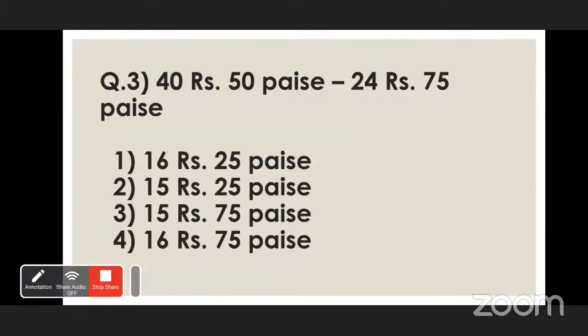Okay. Now the question number 3. Read this one. 40 rupees 50 paise minus 24 rupees 75 paise. Okay, now do the subtraction and tell me the answer.